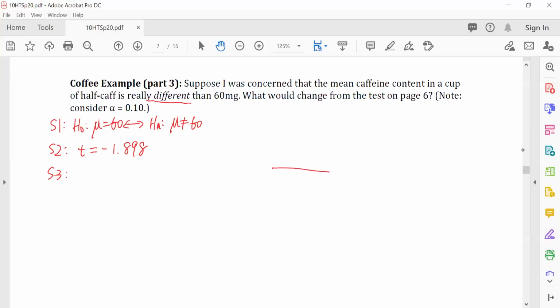Now our distribution is the same. It's just that our p-value is going to be the area under the curve on the right side and the area under the curve on the left side. So it's for both directions and they are symmetric.